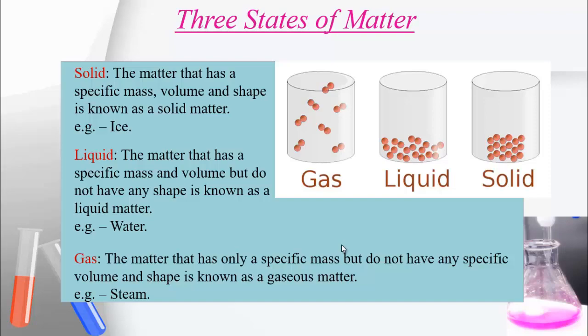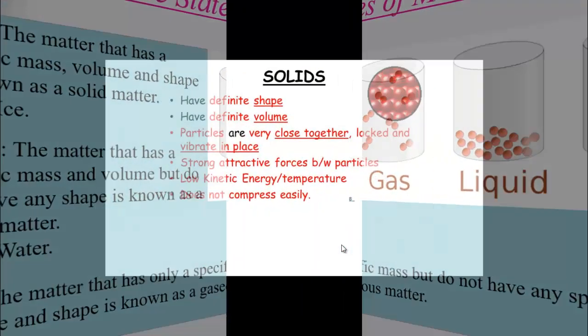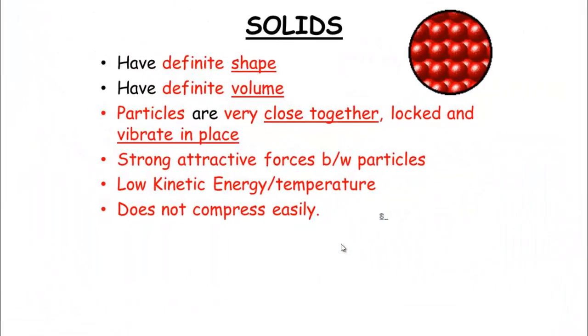Now my dear students, we will know about the properties of different states of matter, solids. From the definition we have already seen solid substances have definite shape and also definite volume.